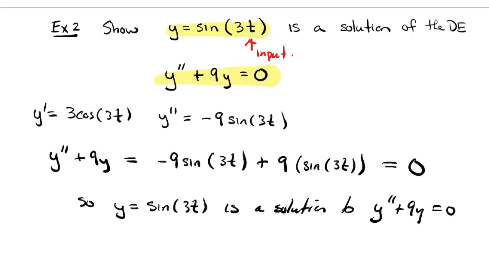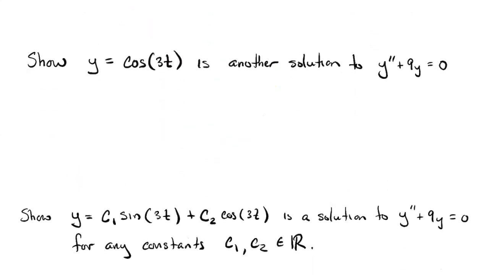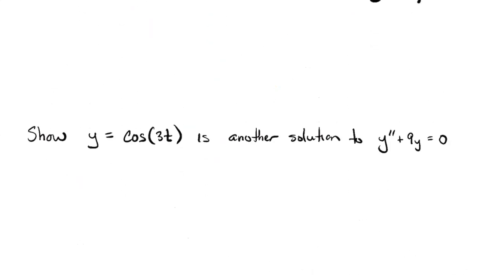Nice. Let's do another calculation here real quick. Let's show that y equals cosine of 3t is another one. Same differential equation. So let's just do this quickly here. So y prime this time would be minus 3 times the cosine of 3t.